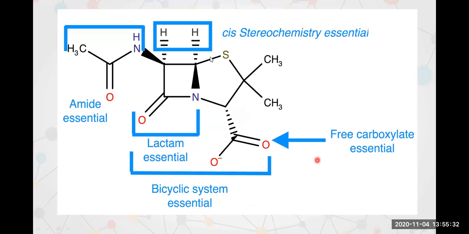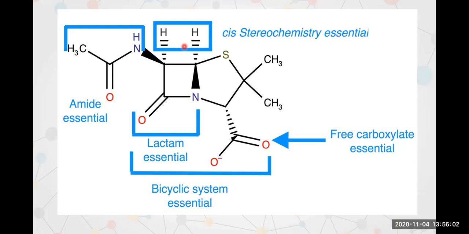One more point which is not mentioned in the previous slide, that at position number 5 and 6, it should be cis stereochemistry. That means both positions' substitution of H atom should be on the one plane. It should not be trans, because trans gives the position of H at the opposite ends or at different planes.